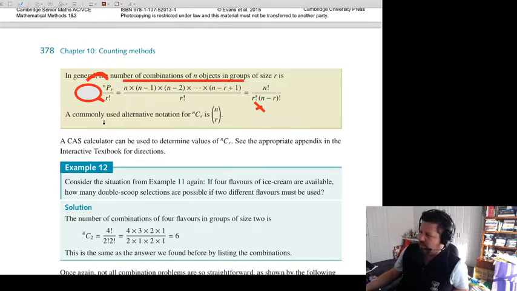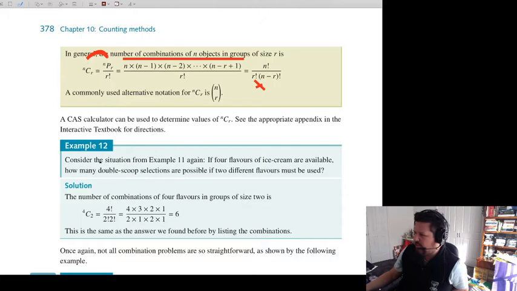One of the different ways you can write NCR is with an N and an R in brackets, which is just another notation for combinations. So that might pop up in the book. If you see that in the textbook and they're asking you to calculate this, you just know that you're working out NCR.